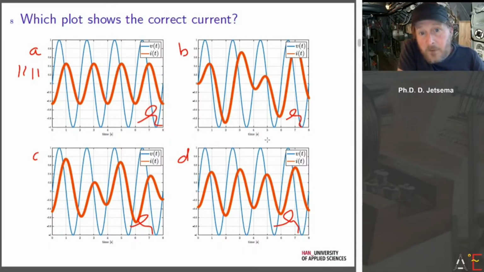And here I have zero initial conditions or just arbitrary initial conditions. I can already tell you beforehand that this is the key issue here, and that's often forgotten. All these figures are correct. Let's figure out why that is.